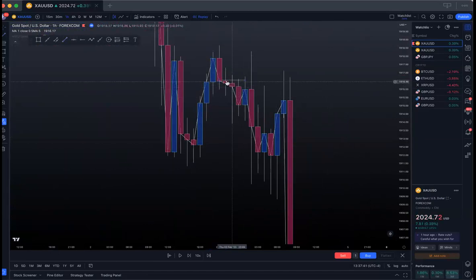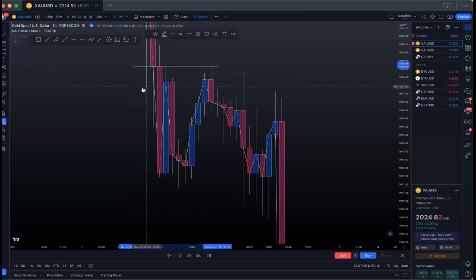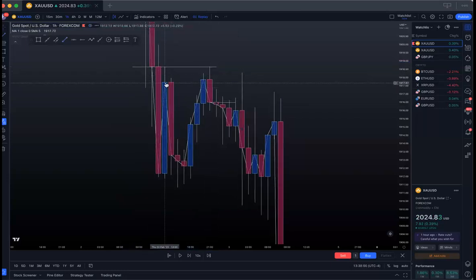Okay, this one is difficult to detect, but I meant this one. Gap. It's definitely a gap. Definitely a gap. This bullish closure below.